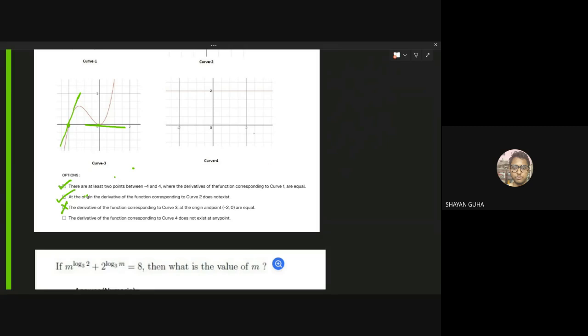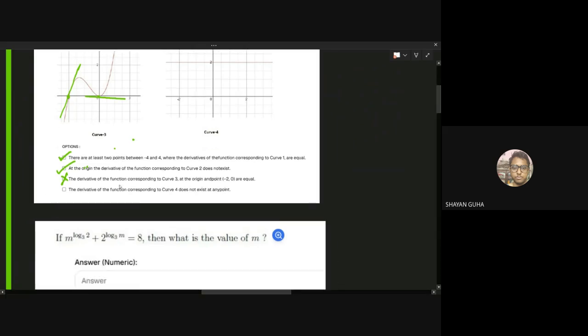You can write it in the chat box also if you are not getting something. Okay, let's move on to the next part.